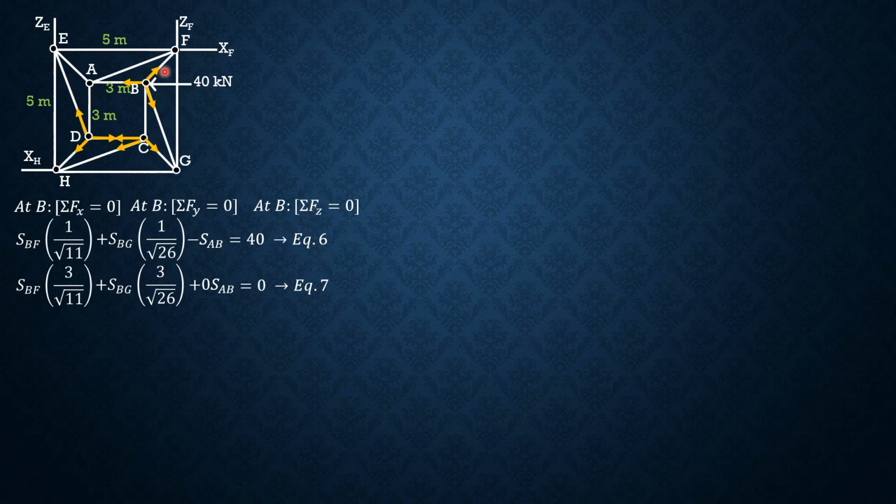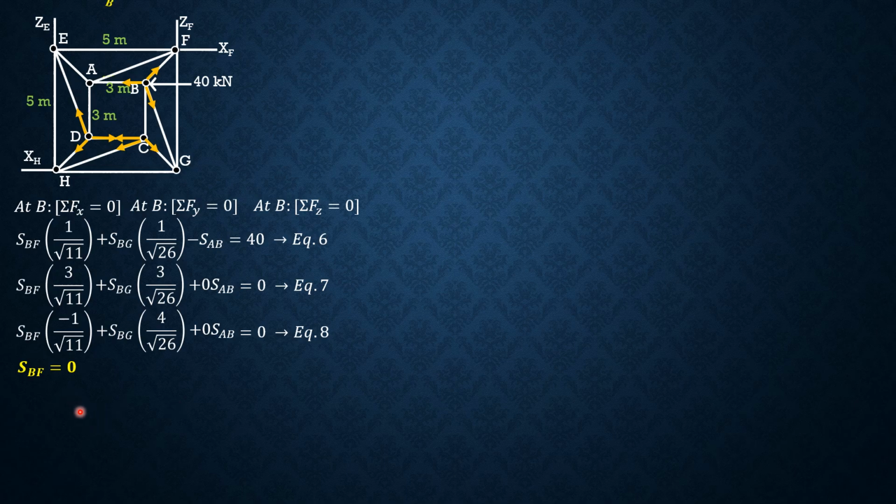So SBF is negative because this is the positive direction for Z. So negative SBF times 1 over square root of 11, plus SBG times 4 over square root of 26. Then that's it. SAB has no Z component, so plus 0 SAB equals 0. So equation 8. Solving equations 6, 7, and 8 simultaneously gives us the following result.